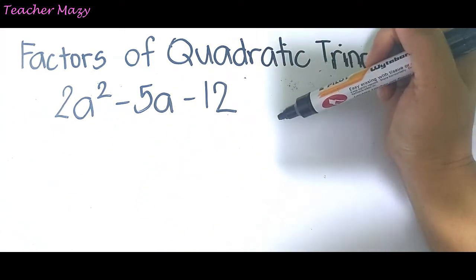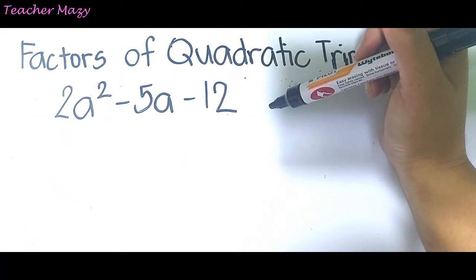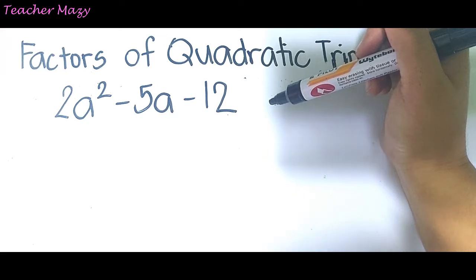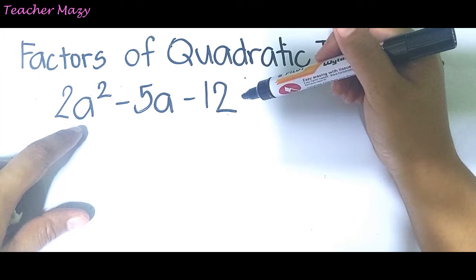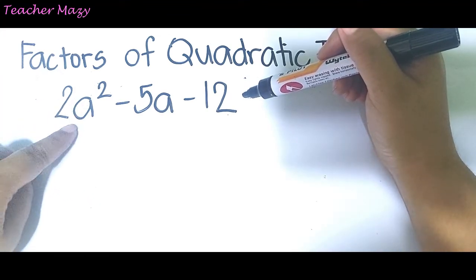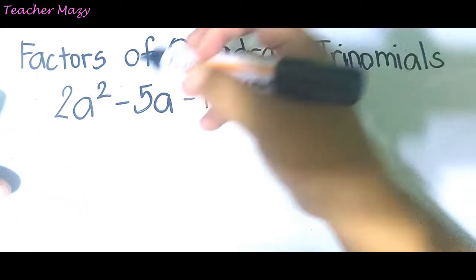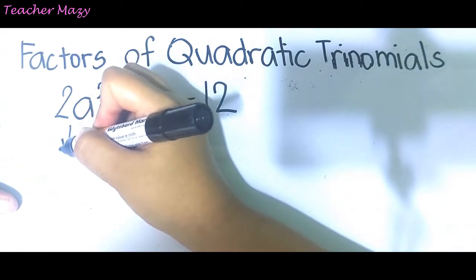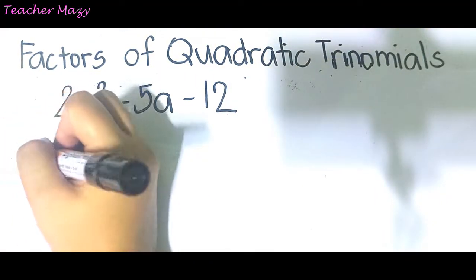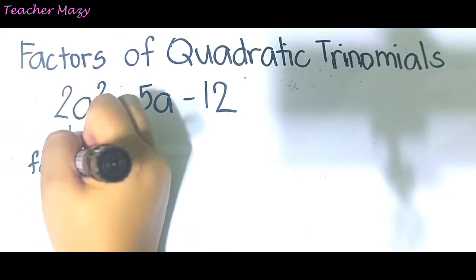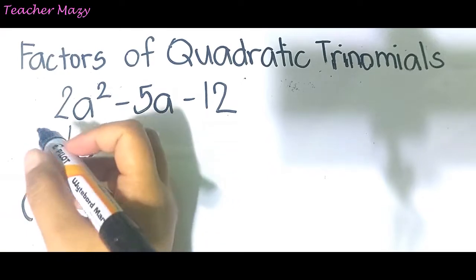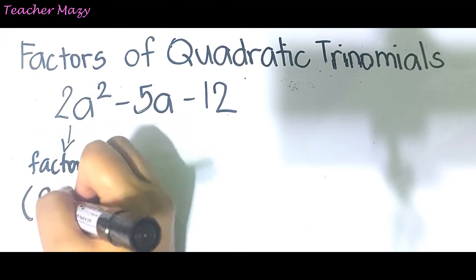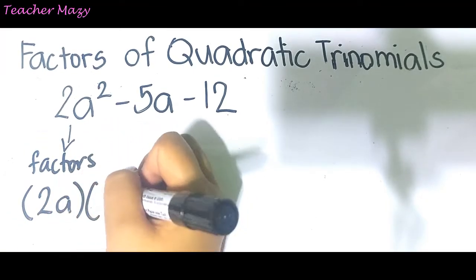For the first step, we need to list all the factors for our first and last term. The factors of our first term can be 2a times a.